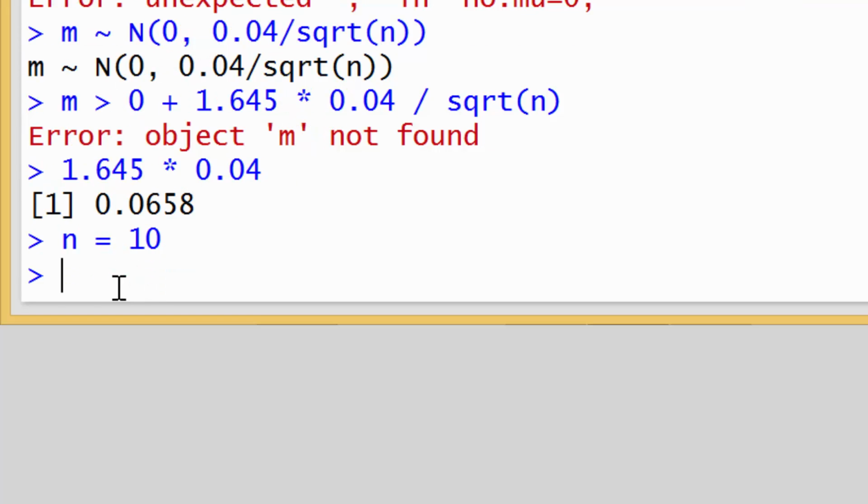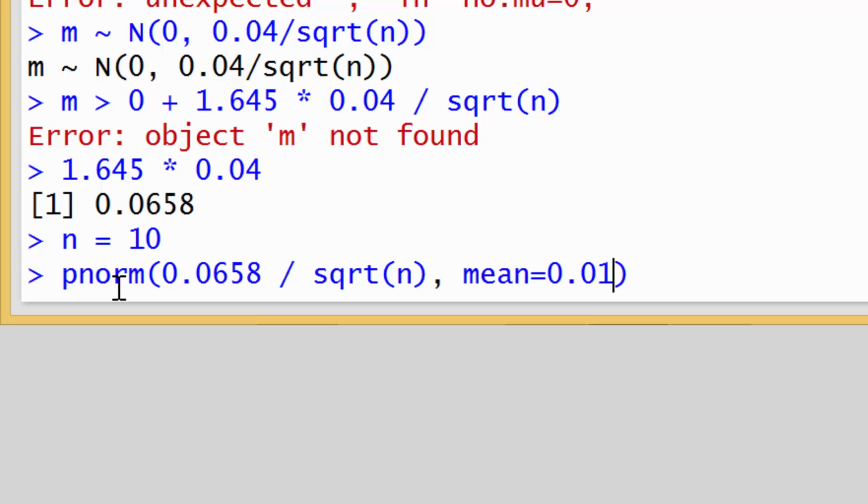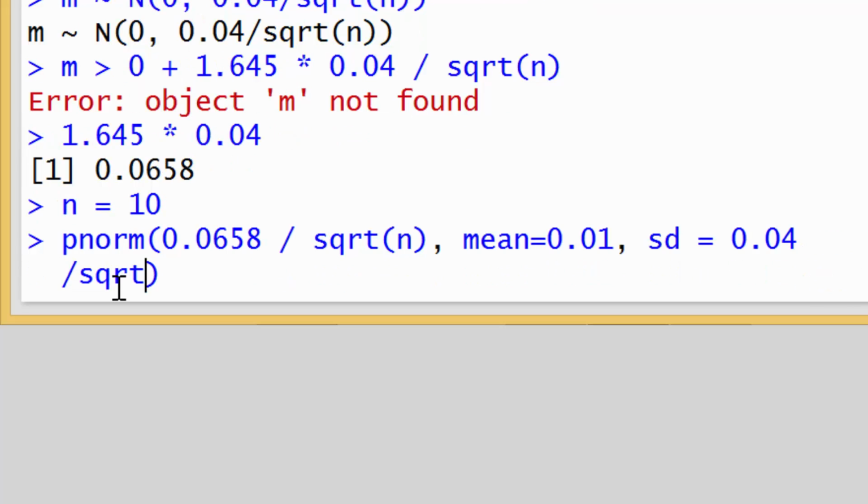Now I want to do pnorm, the probability that we reject, which in this case we said is if we're larger than 0.0658 divided by square root n, and our mean under the alternative is 0.01, and our standard deviation is 0.04 divided by square root n.